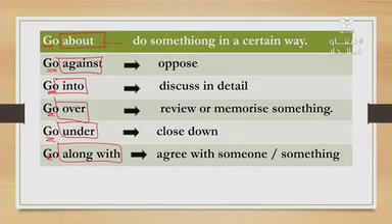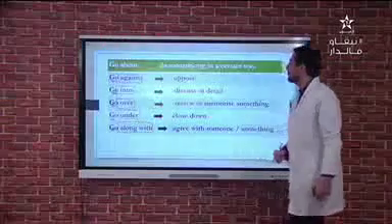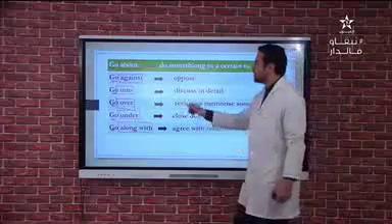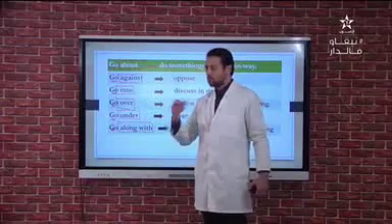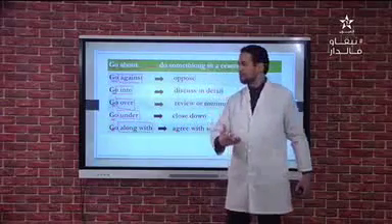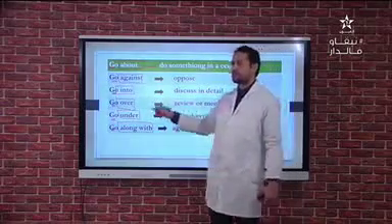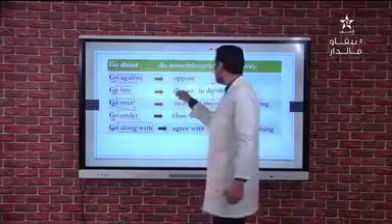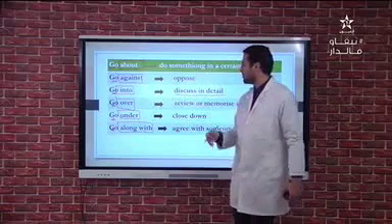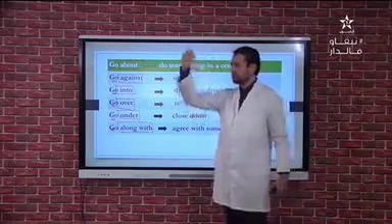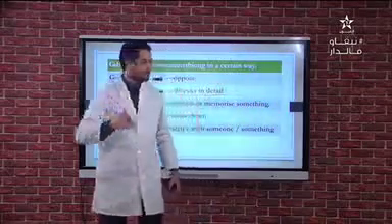Right. For example, if we have go about, what does it mean to go about? It means to do something in a certain way. To go against someone means to oppose it. It means to be not in his favor. To go into means to discuss in detail, which means to discuss words or a topic in detail and so on.